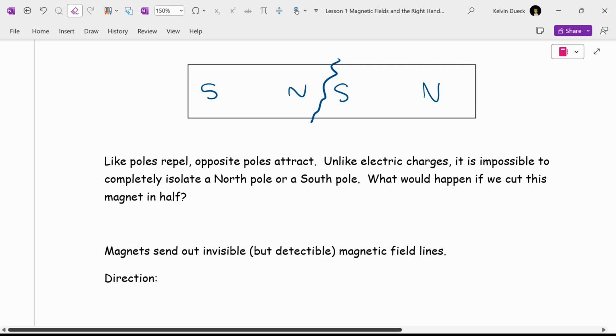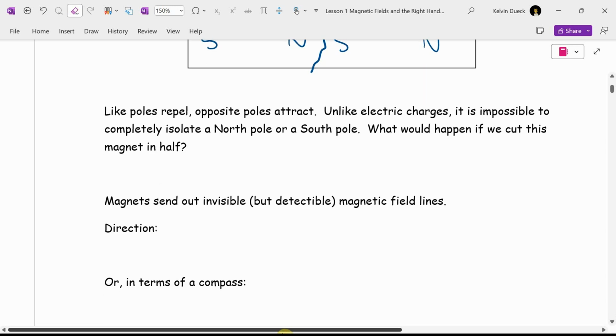Magnets send out invisible but detectable magnetic field lines in the same way as charges send out invisible but detectable electric field lines, in the same way as masses send out invisible but detectable gravitational field lines. And because we have the same issue as electricity, with gravity everything fell, but with charges, like charges, stuff could fall up.